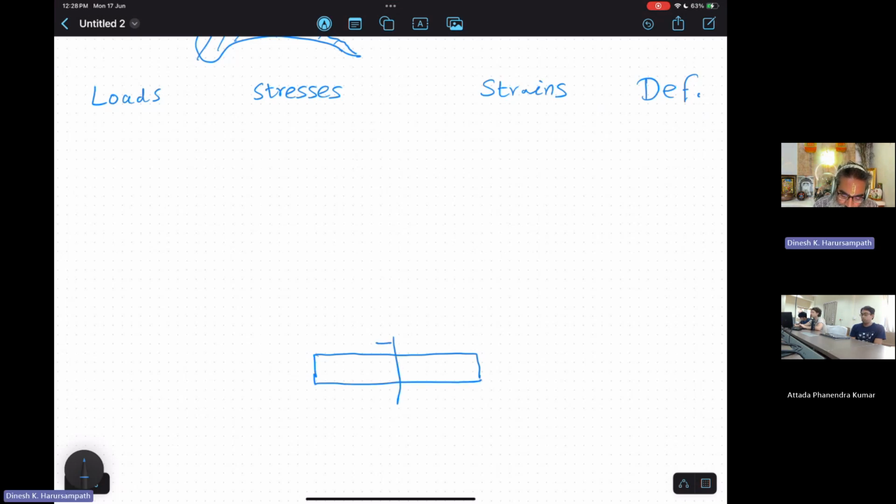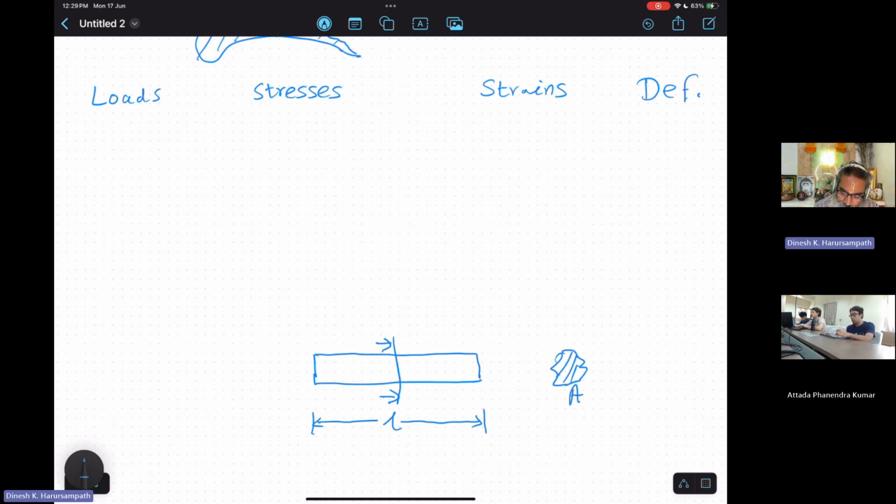So if I cut this rod somewhere, I'm going to get some arbitrary cross section over here. Let's say that cross section is having an area A. Let's say it's having a length L. Okay.